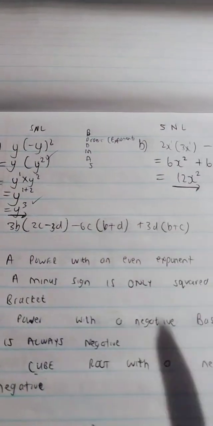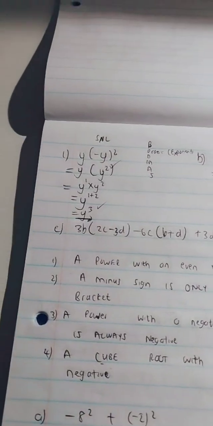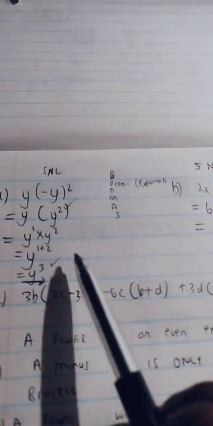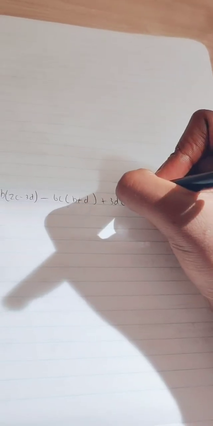Okay, here's one for the books. I'm just going to rewrite it. 3b into 2c minus 3d, minus 6c into b plus d, plus 3d into b plus c.